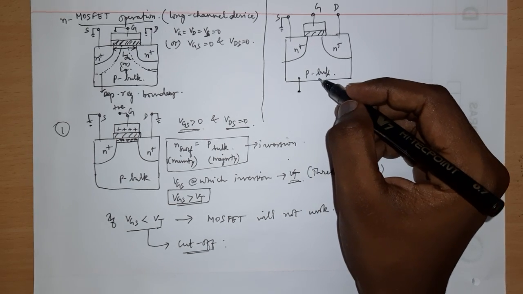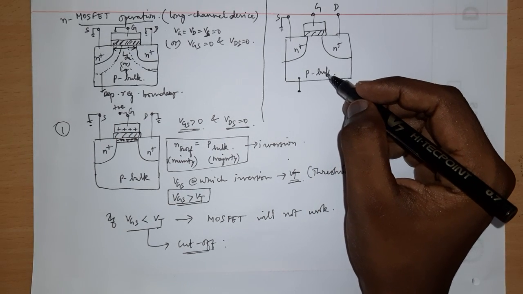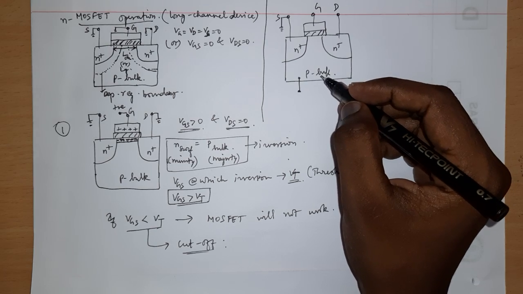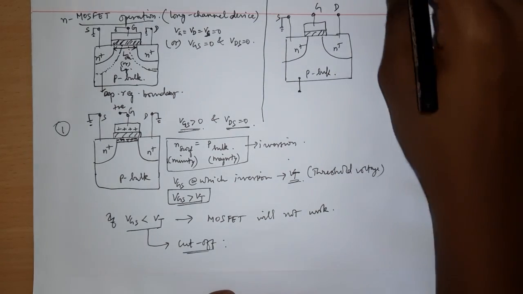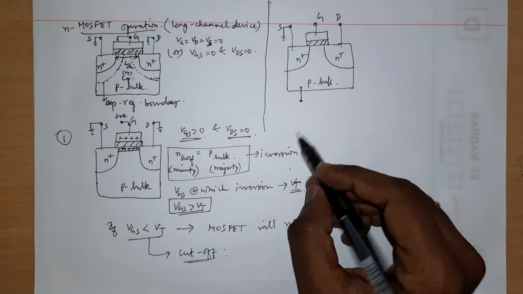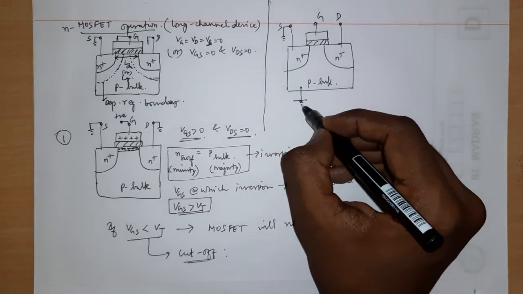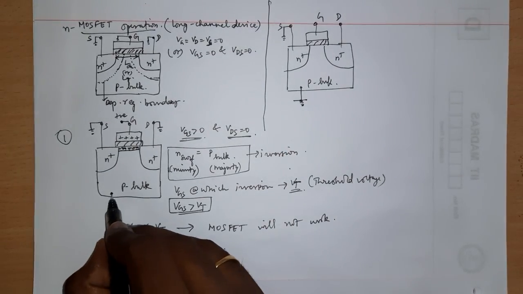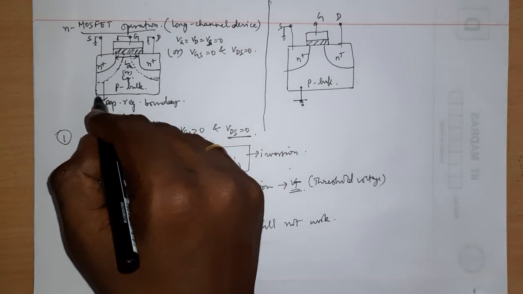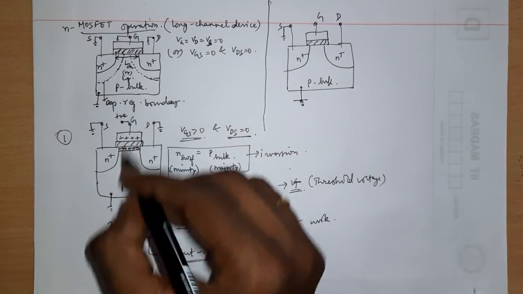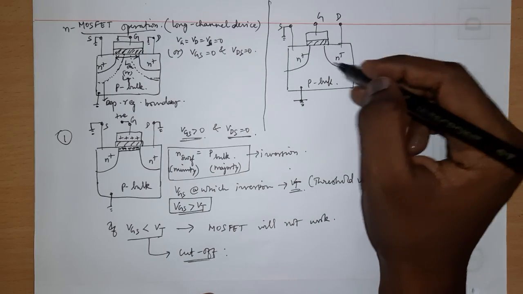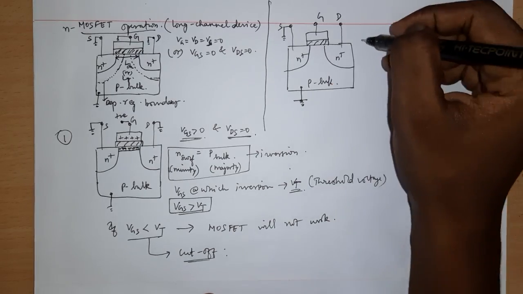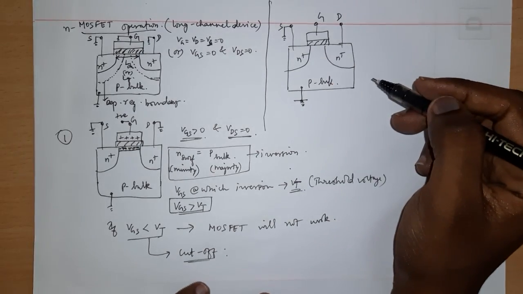For advanced courses you will have to learn that this bulk is also another terminal. MOSFET is not just a 3-terminal device, it is actually indeed a 4-terminal device. So this bulk will also be another terminal, and that also we usually ground. Here also I will assume that I usually ground the bulk. I'll explain when I teach the fabrication that the bulk contact will also be at the top, because of the planar technology.